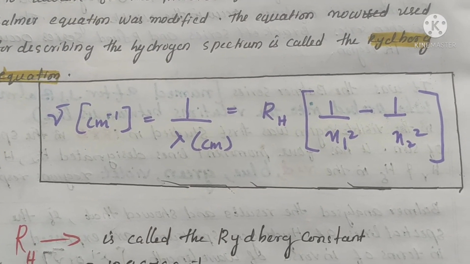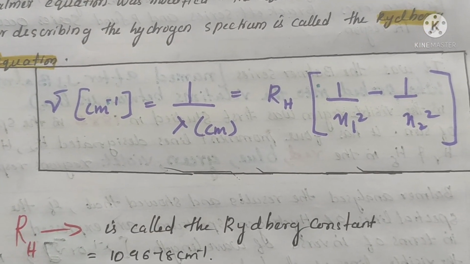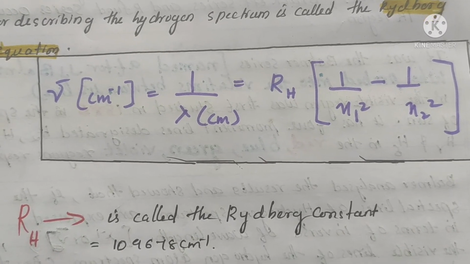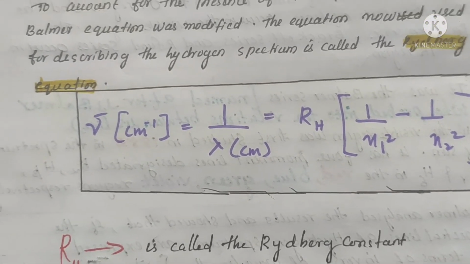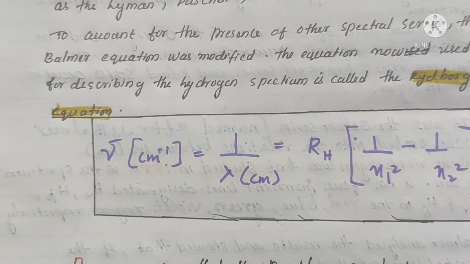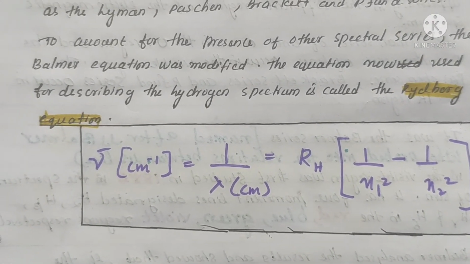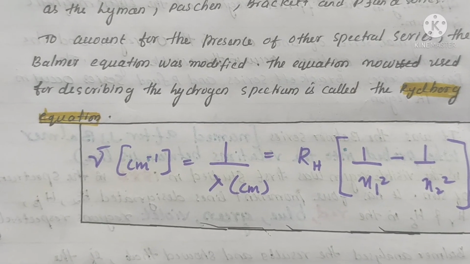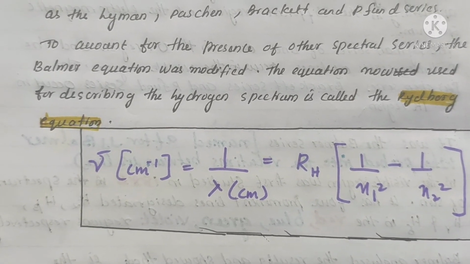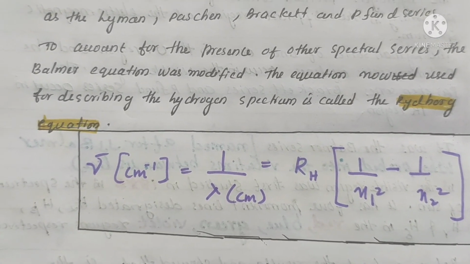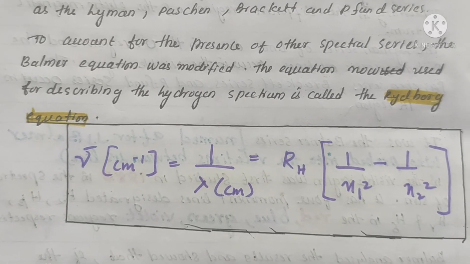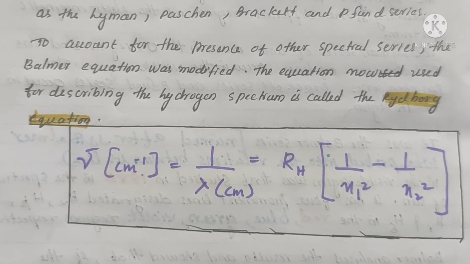Soon after, 4 other spectral series for hydrogen were discovered. To account for the presence of other spectral lines, the Balmer equation was modified. The equation now used for describing the hydrogen spectrum is called Rydberg equation.